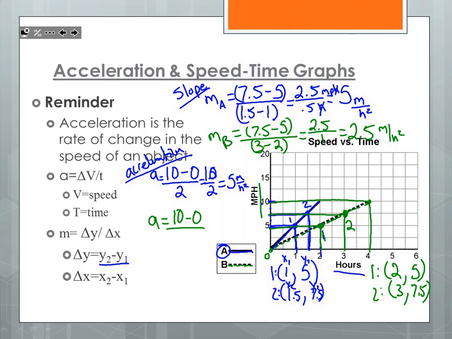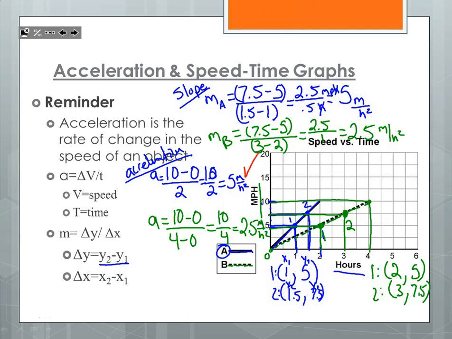He finished at 4. And he started at 0, which equals 10 over 4, which is 2.5 miles per hour squared. Pretty simple. So if we look at this, looking at his acceleration, which one went faster?